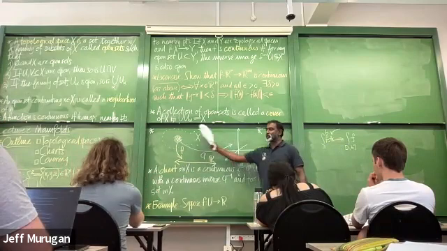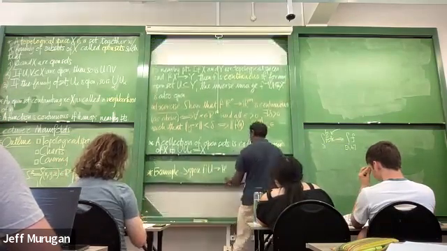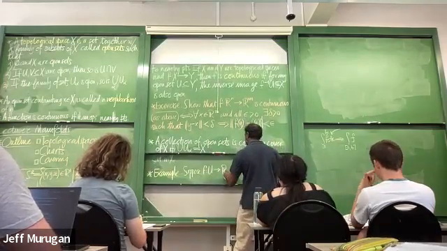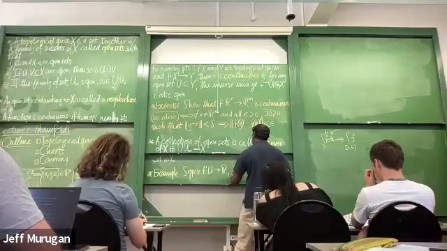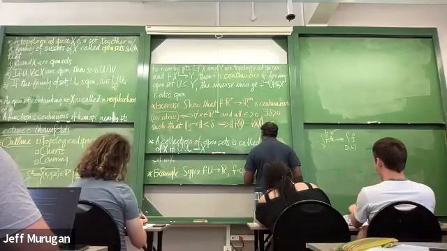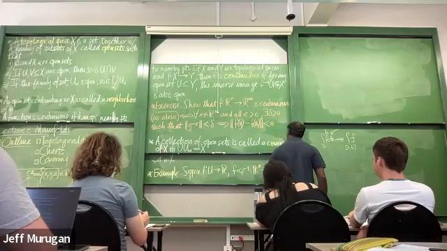First going from R^n to U, and then from U to R. So in this case, f composed with phi inverse is a map from R^n to R.